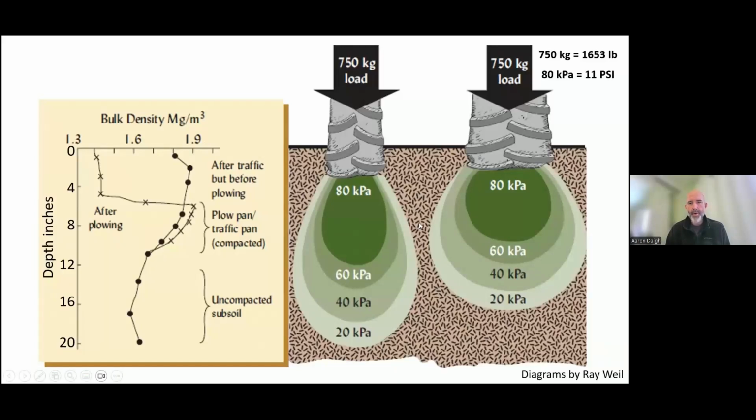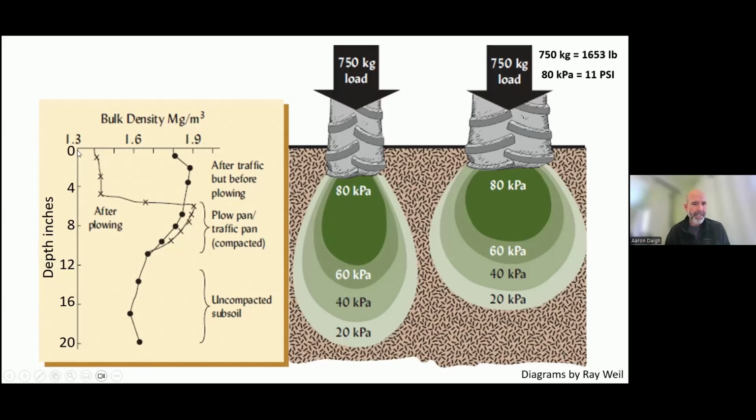And when we think about wheel traffic going across, this is a classic image in a lot of textbooks. We think about different wheel loads put down on the ground. They exert some pressure, some stress down into the soil. If we look at bulk density as a metric of how compacted the soil is, 1.3, let's say, would be not too compacted, and 1.9 is certainly compacted and influencing root growth.